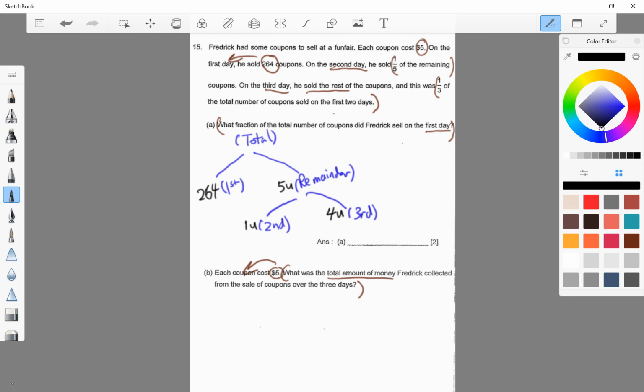Most of the time when we encounter such questions, they will say that the 1/3 refers to the total, as in the grand total number of coupons that Frederick had. But this question is a bit different. Okay, it's a bit different. It's actually telling us that the 4 units that has been sold on the 3rd day is actually 1/3 of day 1 and day 2.